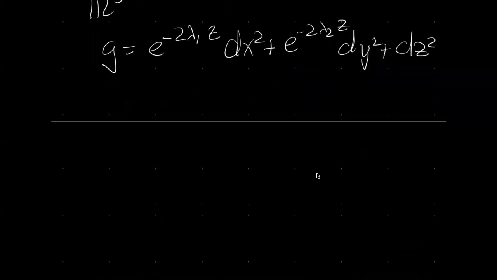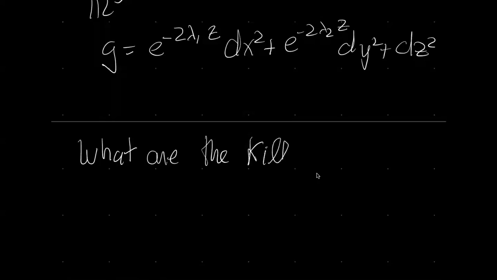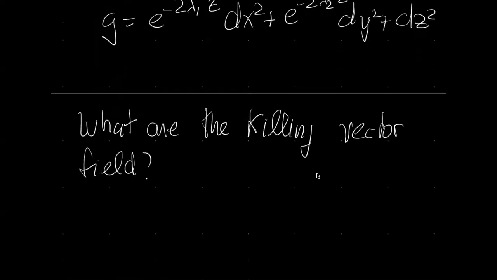So what is the idea? The idea is that all these are generated by one curve. So the first thing that you need to know is what are the Killing vector fields, to see where you can translate. This is the first question that you need to answer.